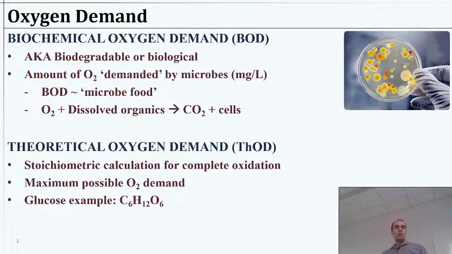Okay, so the oxygen demand stuff, this will tie back to some of our mass balances. And this is going to be mostly a look at some rates in the environment, partly physical with oxygen exchange with water, and partly biological with how fast microbes are eating stuff.